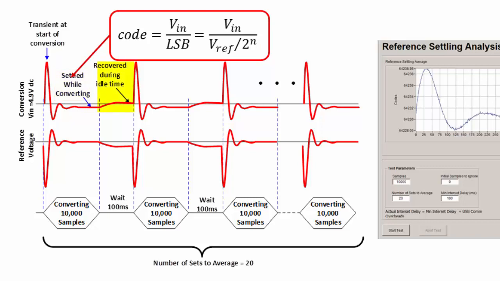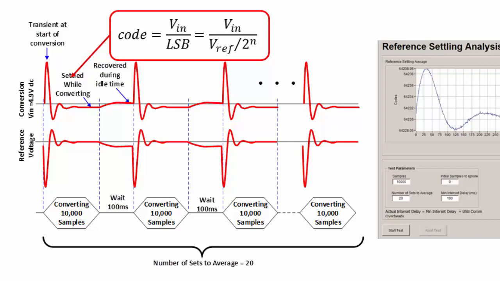If the conversions are paused for an idle period, the reference will recover to its initial state. Then, once the conversions resume, the initial transient behavior will repeat itself. Thus, if you have a system that goes to sleep, when it wakes up and begins converting, there will be a transient on the reference that introduces an error for the initial samples.